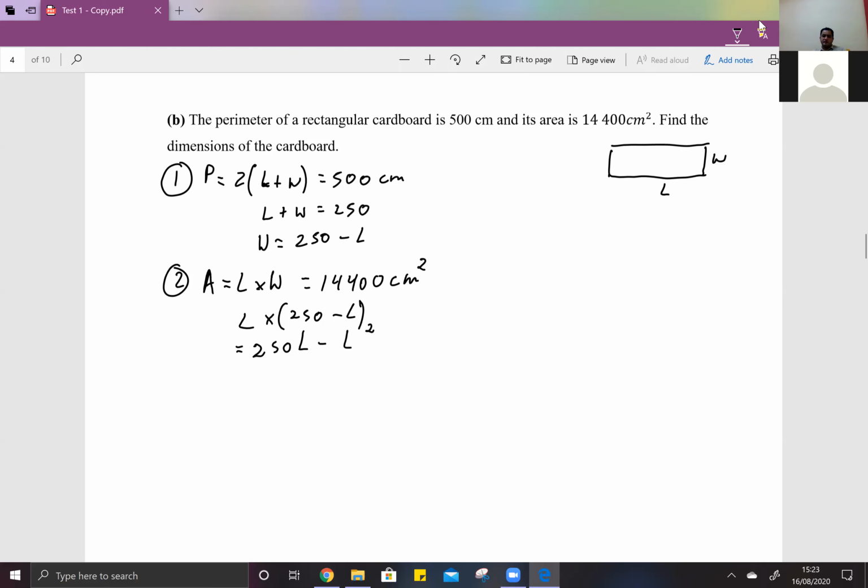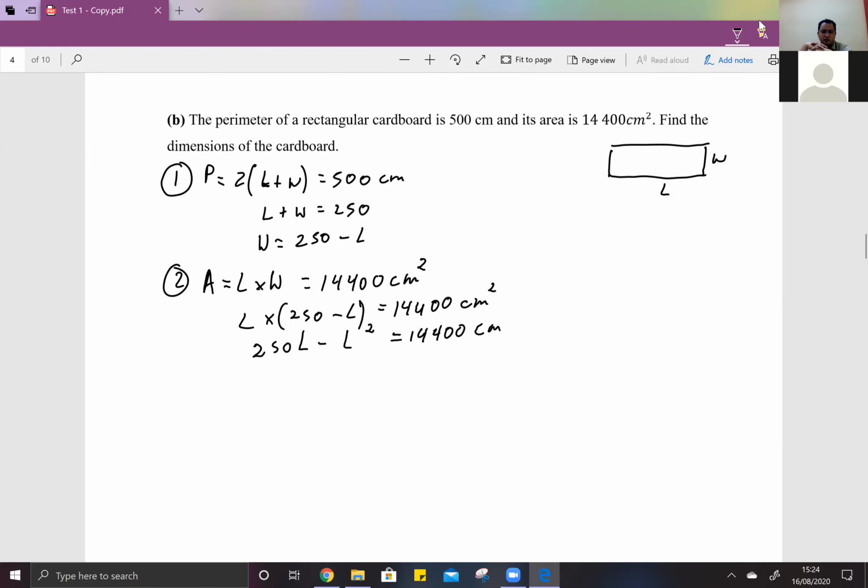Also after this, can you write equals 14,400? Okay, when you are solving an equation, in every row you need to write the full equation, or write it on the right hand side. All right.